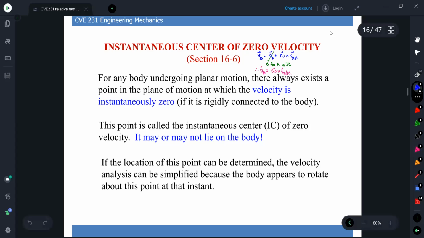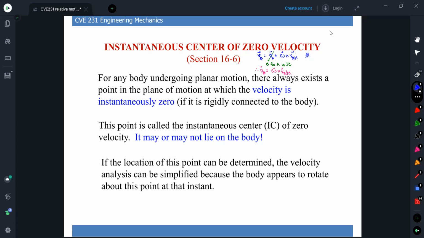If we focus on the equation that we already studied for relative motion analysis of velocity, we can determine VB if we know the motion of the base point A: VB equals VA plus omega cross RB sub A. If A is the IC, the instantaneous center of zero velocity, then at this instant VA becomes zero.